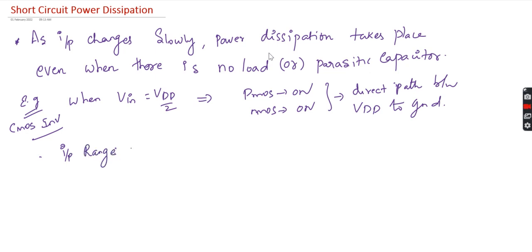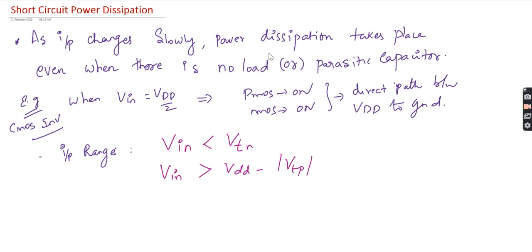So the short circuit power dissipation takes place for the input range, in terms of formula, when your input voltage is greater than the threshold voltage VTN, and your input voltage is less than VDD minus VT.